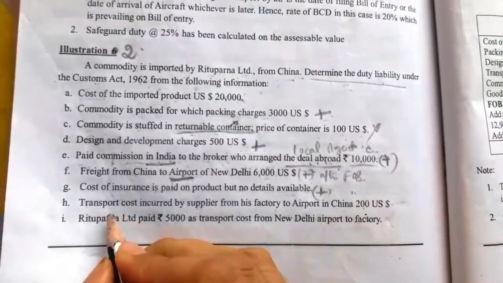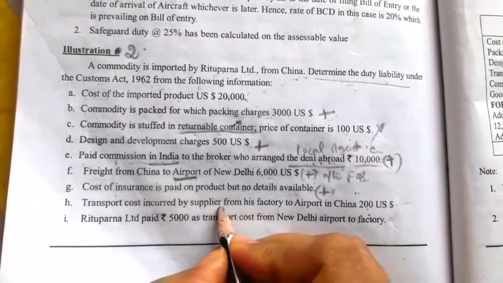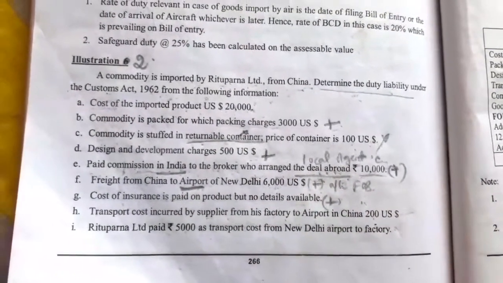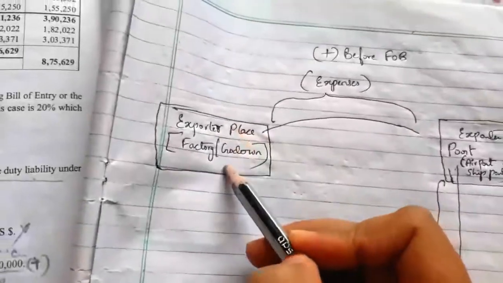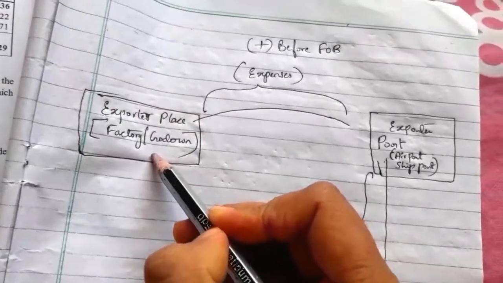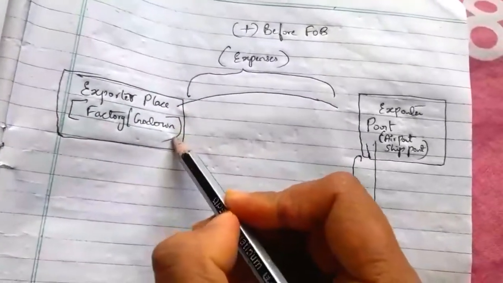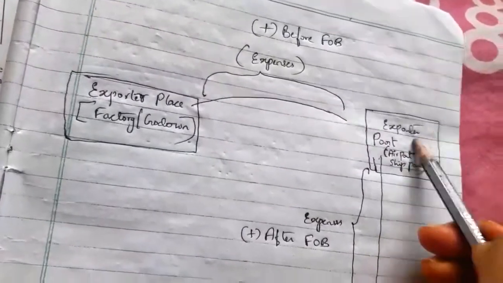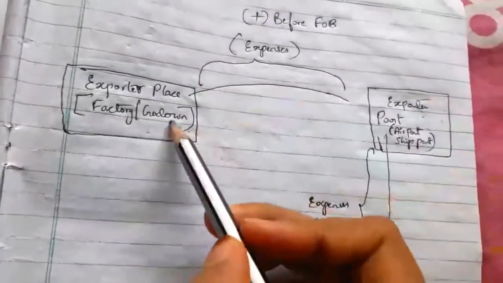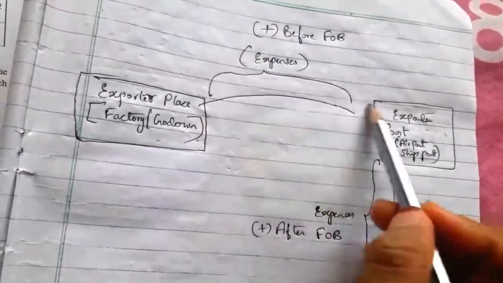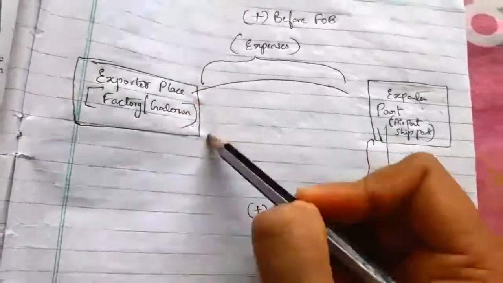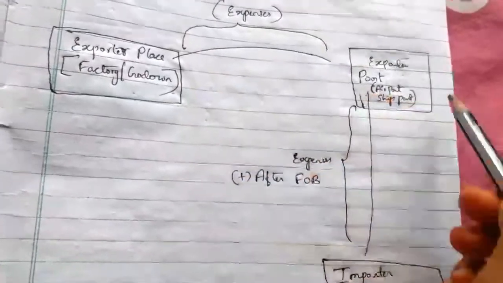Okay. Next, transport cost incurred by the supplier from his factory to the airport in China. Supplier means who? He is an exporter. So the exporter has incurred transport cost from his factory to the airport of China. The airport of China is the exporter's airport. So this is the transport cost to carry the product from his factory or godown to the airport.